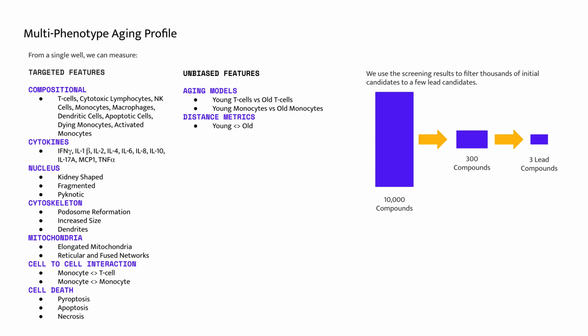The profile included targeted features which measure a specific biological process, and unbiased features which used deep learning embeddings to capture all the information present in the entire image.